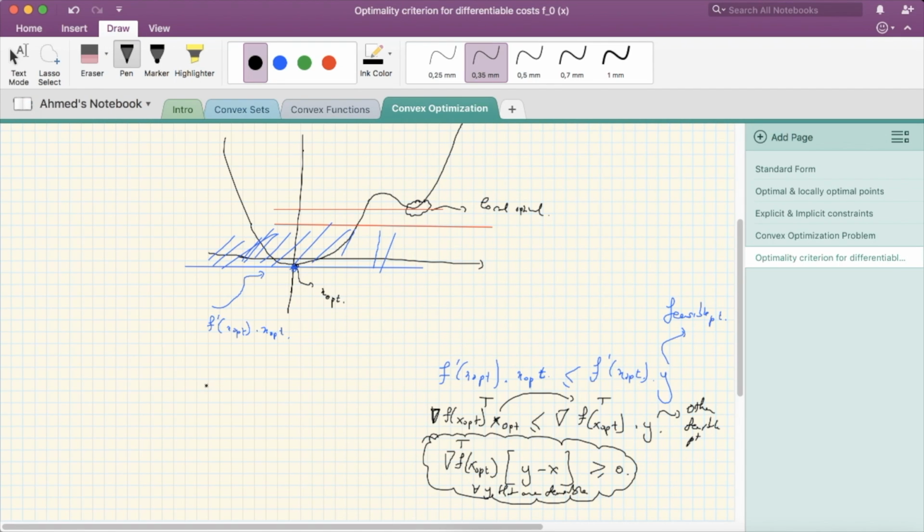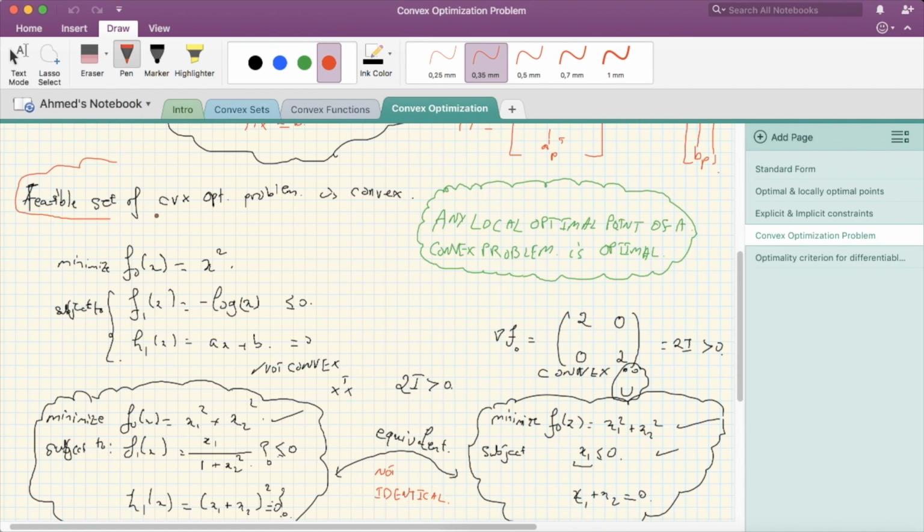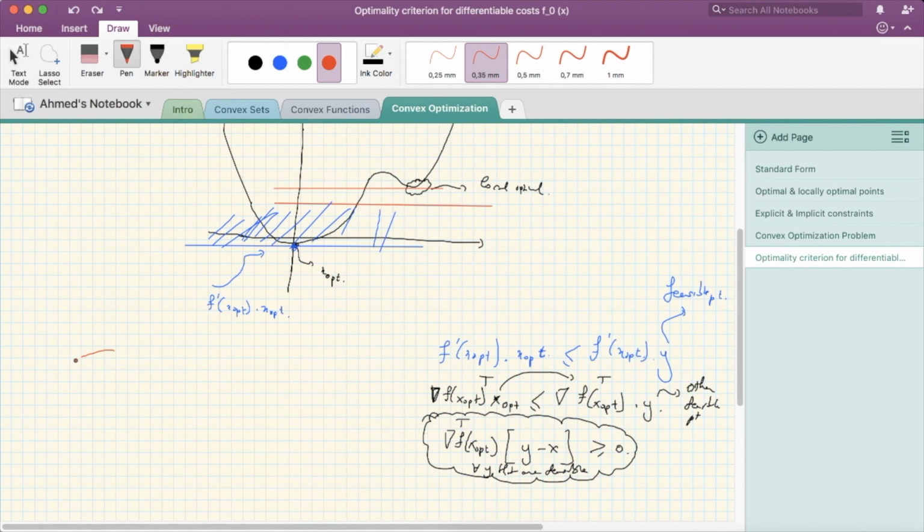So as we said, if we want to visualize this more clearly, in higher dimensions and for all feasible points, if we collect all feasible points in one set, and this set has to be convex, as we said here, the feasible set of a convex problem is convex, right? Let's do something like this. This is convex, right?